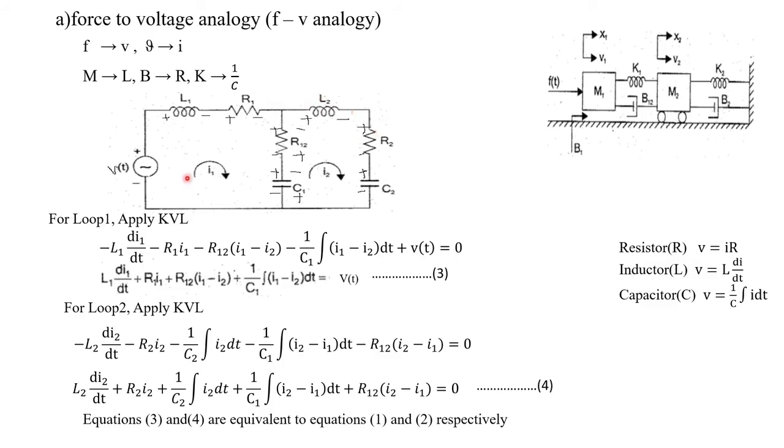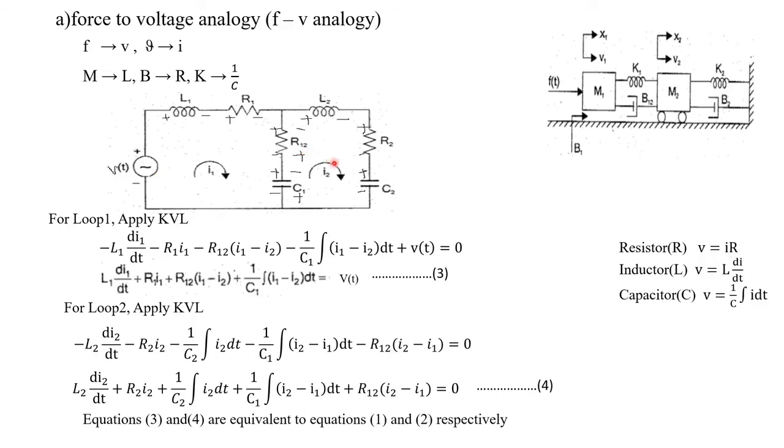Now after drawing each and every element, we have to represent the direction of current. We can always represent the current in the clockwise direction, I1 as well as I2. Suppose we have 3 loops, we have to represent 3 currents, one for each loop, I1, I2 as well as I3. We can also represent the direction of current in the opposite direction.